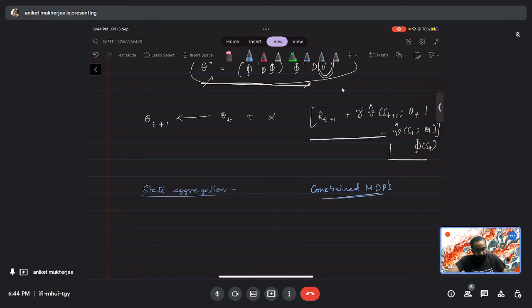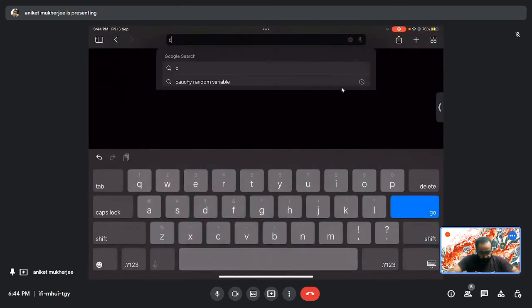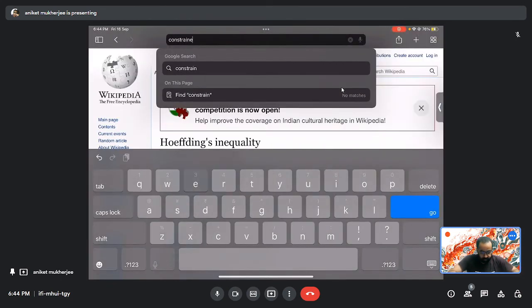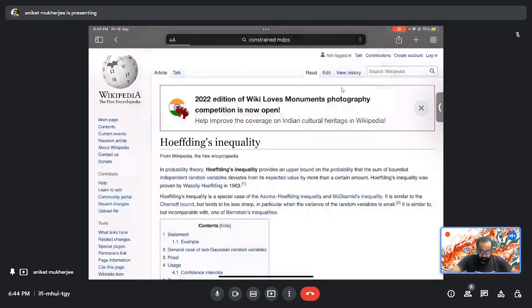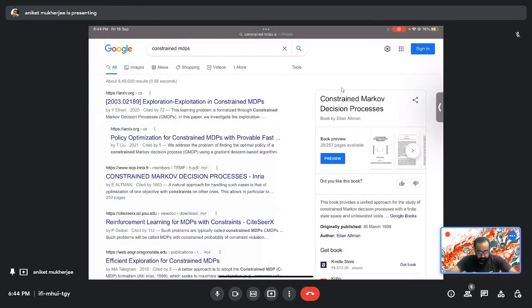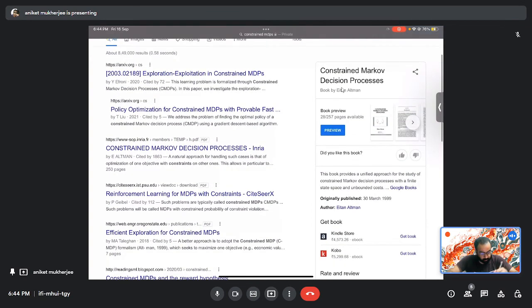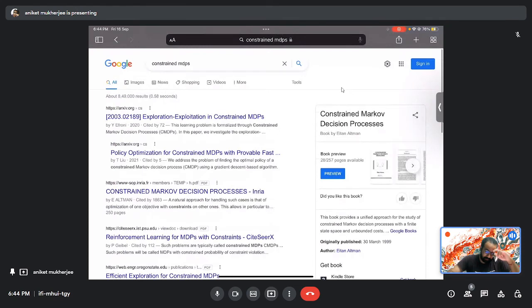Constrained Markov processes. There is a book by Altman on constrained Markov processes, and there is also a book by Kallenberg that covers them.